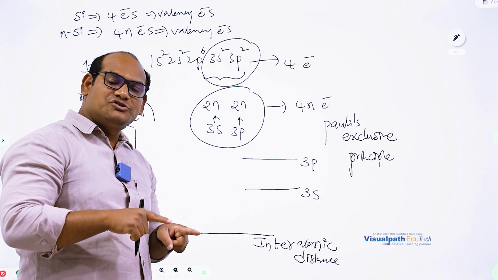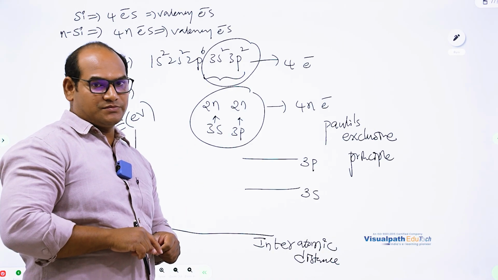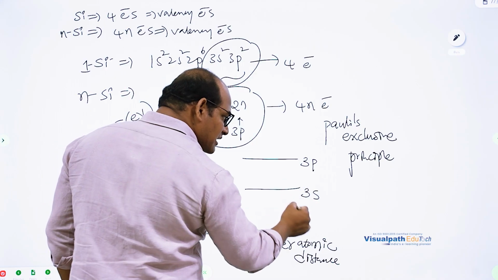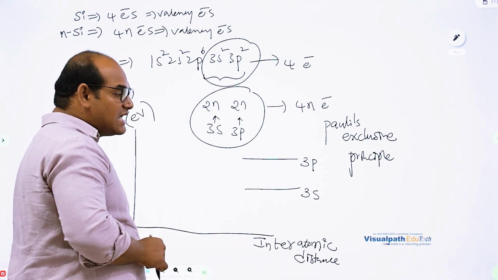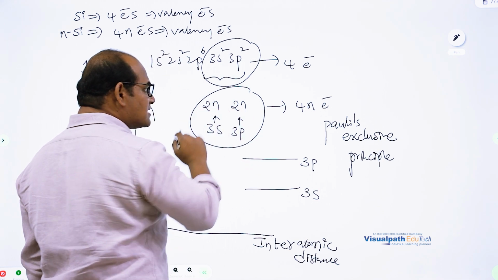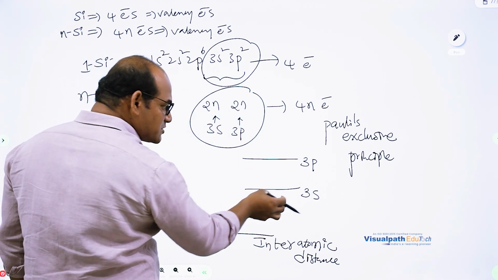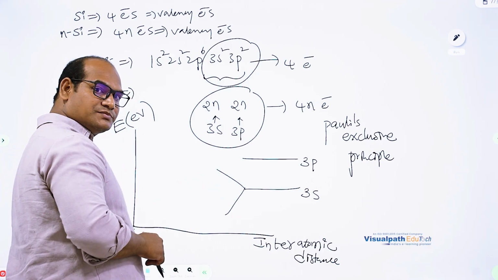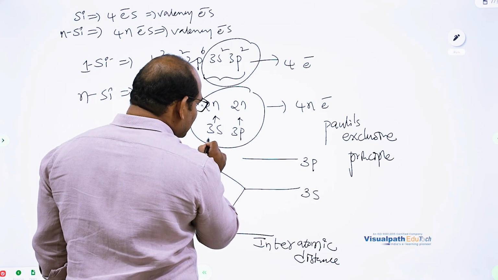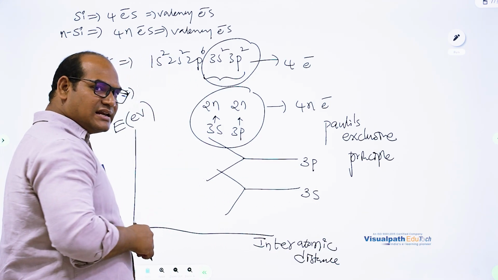That means each electron should have its own energy. In this 3s level, how many electrons are there actually? 2n electrons. And in this 3p level, 2n electrons are there. So, this 3s level will be split into 2n energy levels, and this 3p level will also be split into 2n energy levels.